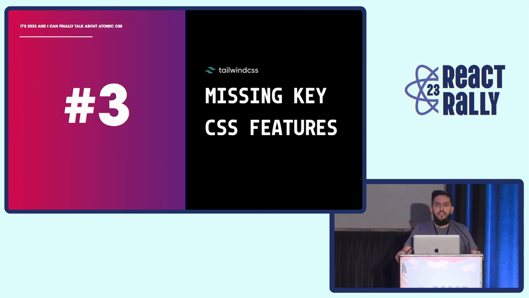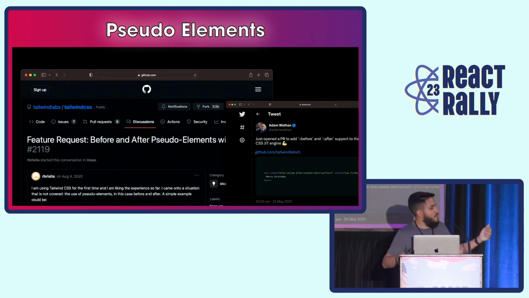This is kind of more Tailwind specific, but that could apply to other stuff as well: missing key CSS features. Let me give you an example. After 2 years of Tailwind's existence, they still didn't have pseudo selectors, which are a very, very common CSS resource. And that's something that CSS and a lot of preprocessors and other tools in the ecosystem have had for years.